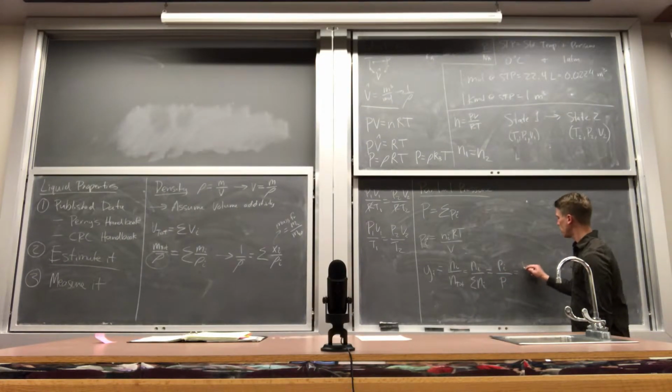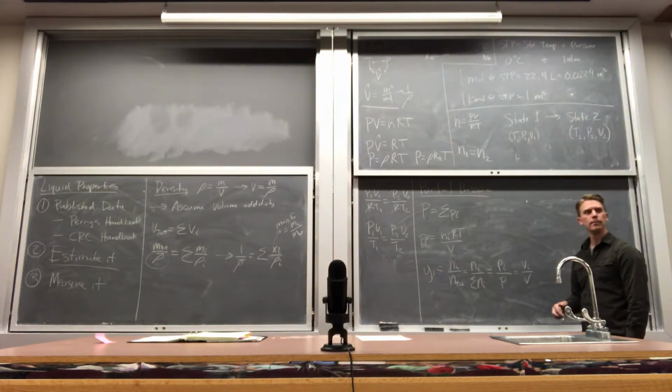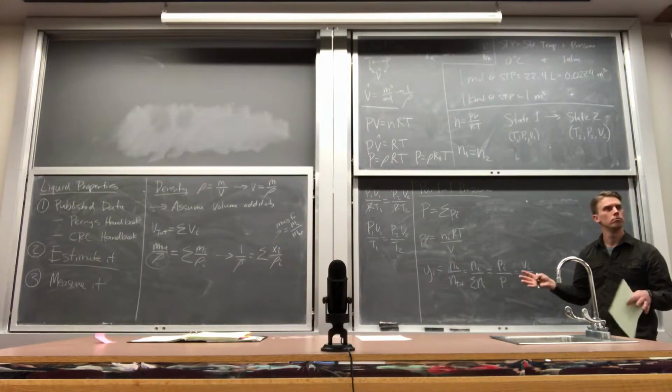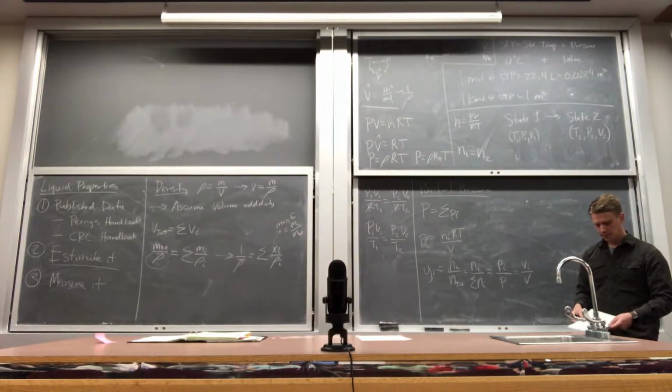And we can also say that it equals the volume of species i divided by the volume, where this would be the volume of the gas if it were alone.